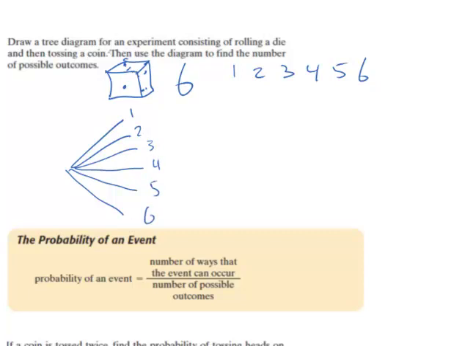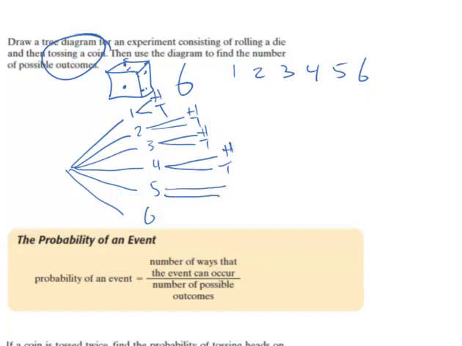After we roll our die, we're then going to toss a coin. So if I get a 1 and I flip my coin, I can get heads or tails. Same thing for my 2, my 3, my 4, my 5, or my 6.